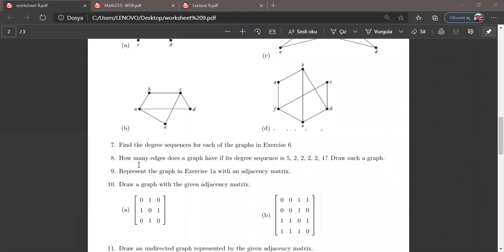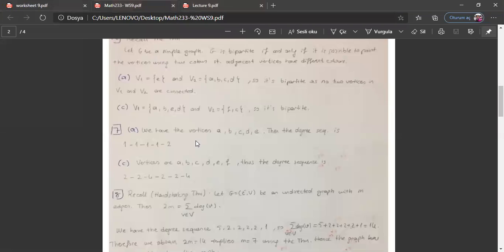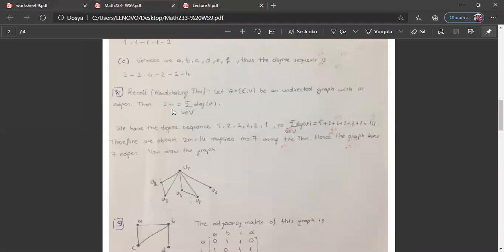Now, we suppose first that we have this degree sequence, okay? We will compute the number of edges of this graph, then we will draw it. For that, we will use a theorem called the handshaking theorem.